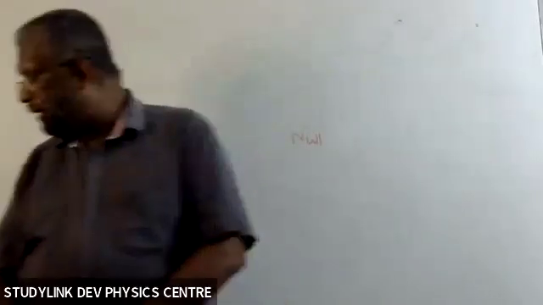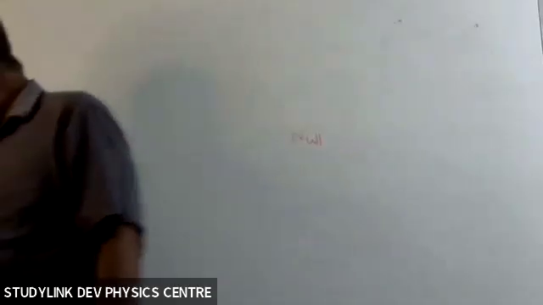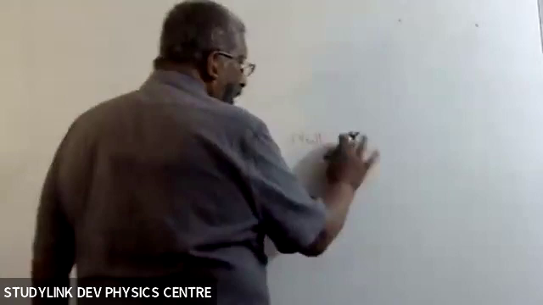Null means nothing. So the null vector is denoted by zero.